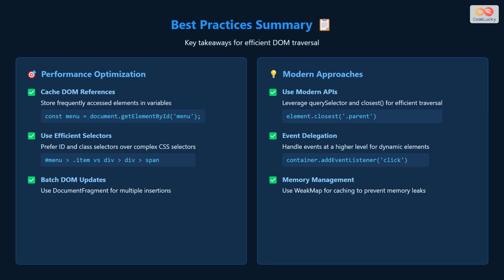As a part of modern approaches, always use modern APIs like querySelector, querySelectorAll, and closest to efficiently traverse the document object model. For dynamic elements, event delegation is a useful method, and always use WeakMap for caching to prevent memory leaks. Following these best practices will help you create fast and efficient web applications.